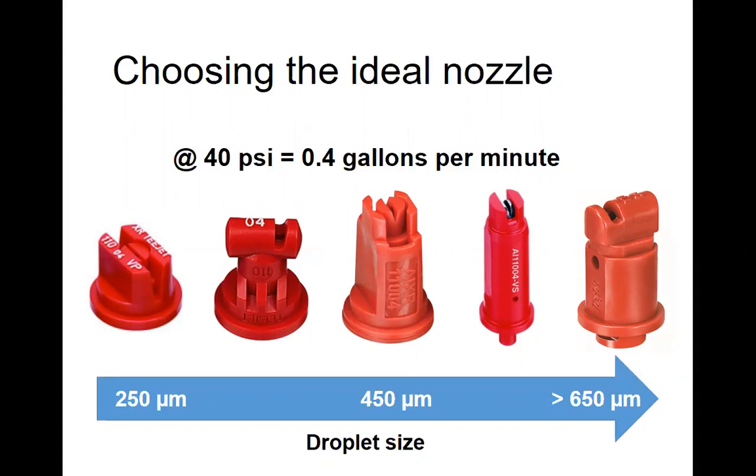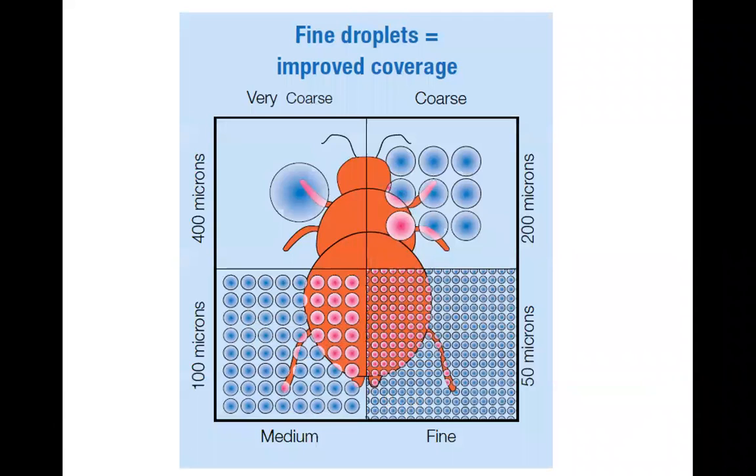So the droplet size could vary from very small, real fine driftable droplets, to ultra coarse TTI tips. So if you look at this big cockroach here, you could be spraying some real large droplets, say 400 microns, that fall into the very coarse droplet category.